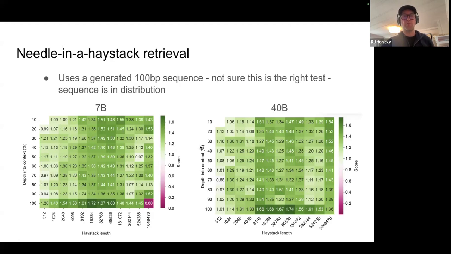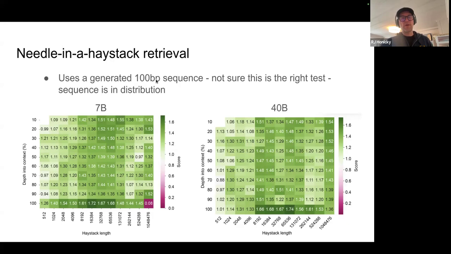So I think this closely matches what is typically done for a needle in the haystack test, except one thing that was questionable to me was that they used a generated 100 base pair sequence instead of using some actual out of distribution, held out sequence from a genome that is not part of the training set.